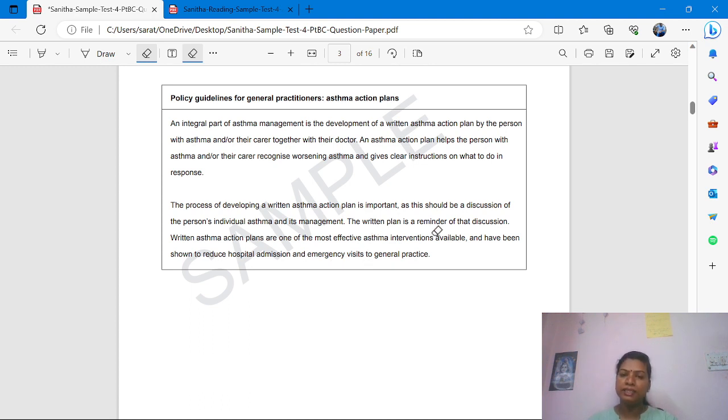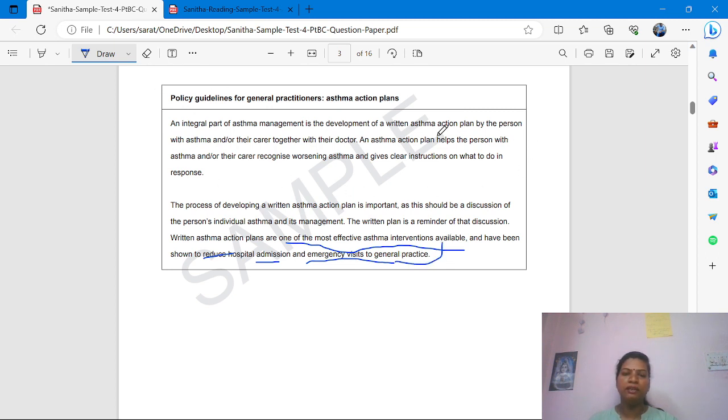The written plan is a reminder of that discussion. Written asthma action plans are one of the most effective asthma interventions available. See how they are stressing this. They have been shown to reduce hospital admission and emergency visits to general practice.